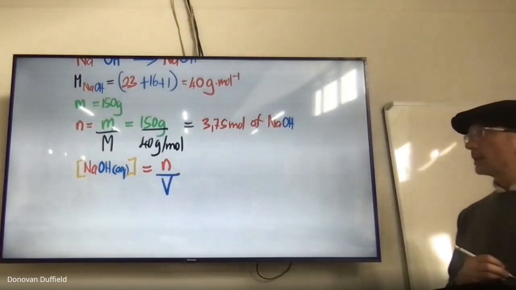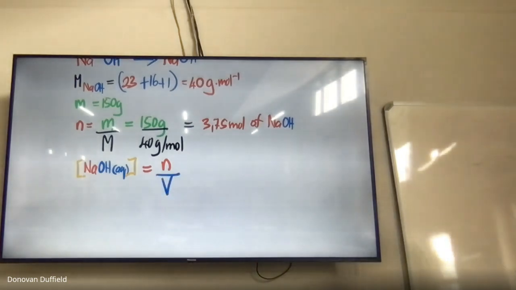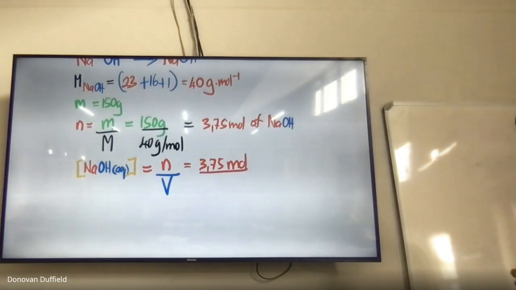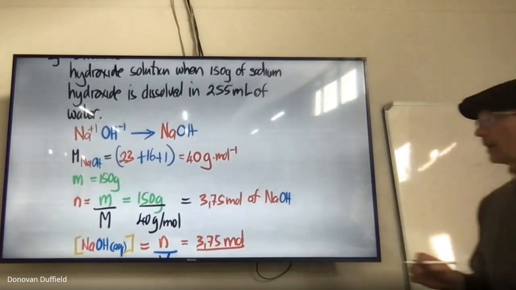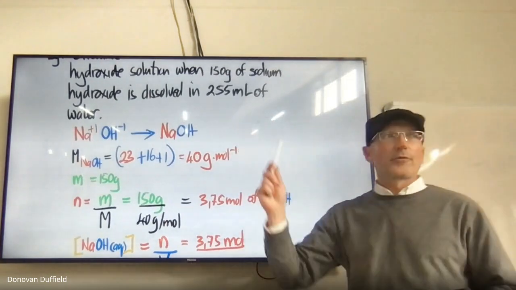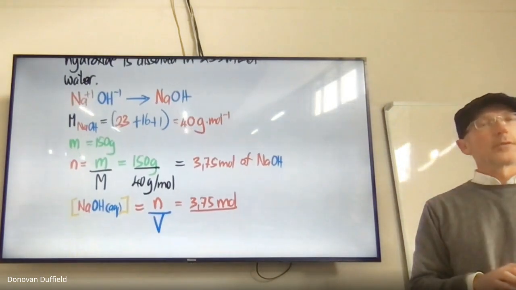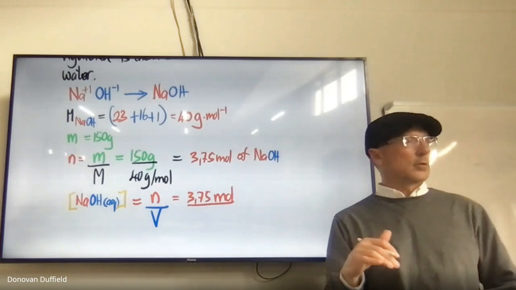So the number of moles is 3,75 mole, and for the volume of the solution, we're told that it was dissolved into 255 milliliters of water. So the water is the solvent, so we're going to assume perfect dissolving.